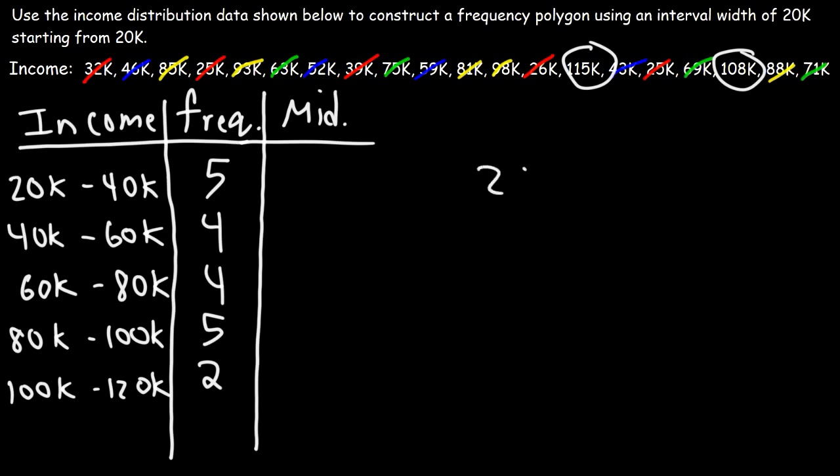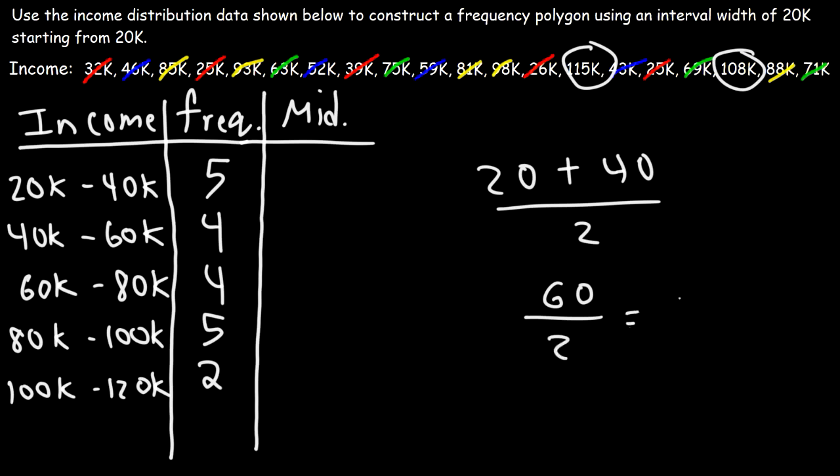To find the midpoint, you need to add the 2 numbers, the lower bound value and the upper bound value, and then divide by 2. 20 plus 40 is 60, and 60 divided by 2 is 30. So the midpoint is simply the number in between 20 and 40, which is 30.